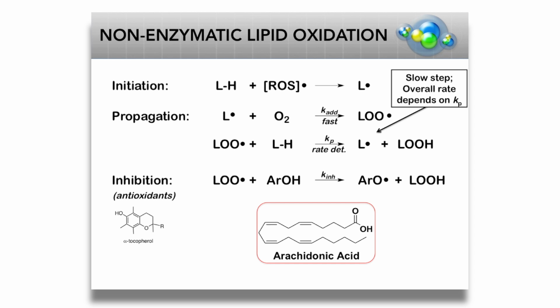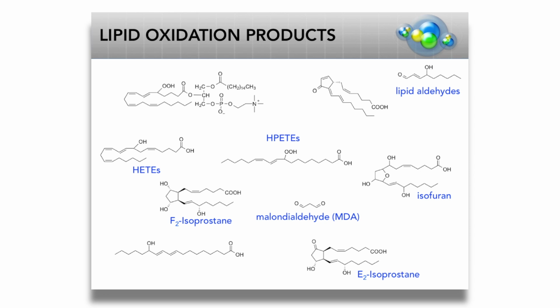A free radical can abstract a hydrogen atom at a bisallylic position in between carbon-carbon double bonds. Once a hydrogen atom is abstracted from the lipid backbone, the lipid radical can react with molecular oxygen to yield lipid hydroperoxides. Lipid oxidation has been extensively studied, and there are several different types of compounds that can be generated. Some of the initial products that are formed are hydroperoxide compounds.